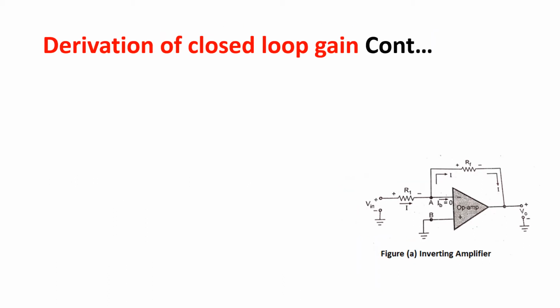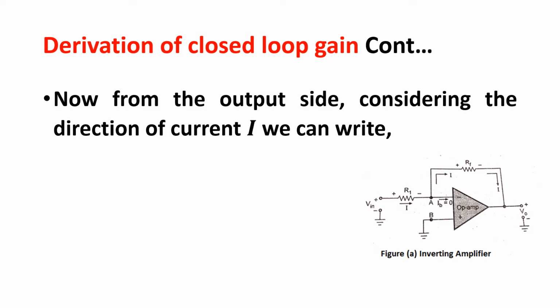Now from the output side, considering the direction of current I, we can write I is equal to VA minus V0 by RF. That is, the current flowing through the feedback resistor RF is equal to VA, the voltage at node A, minus the output voltage, divided by RF.